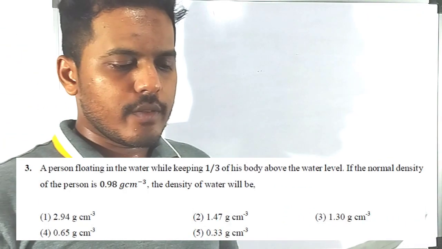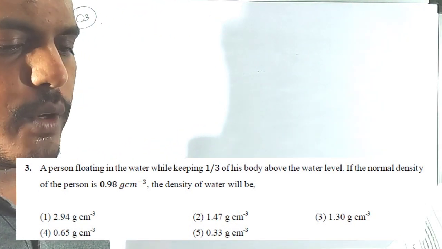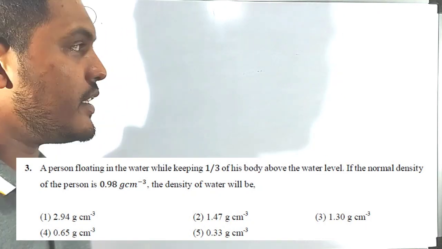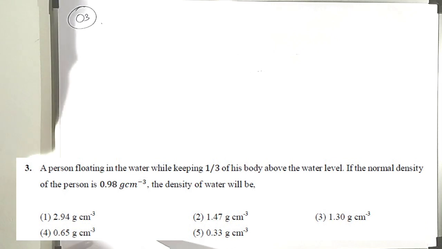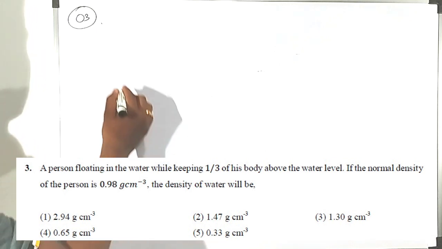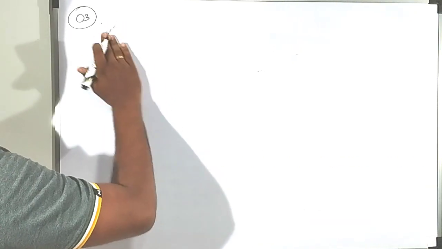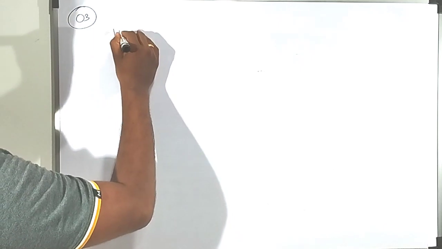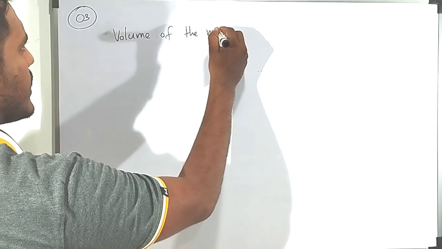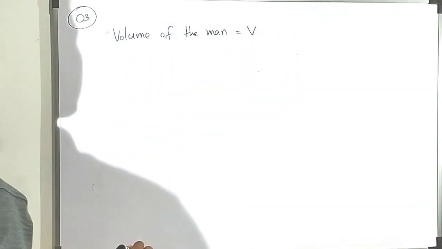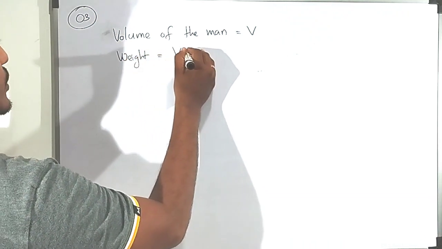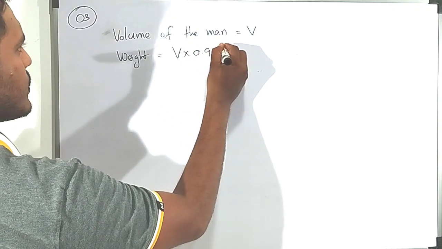Question 3. A person is floating in the water while keeping 1/3 of the body above the water level. The density of the person is given as 0.98, and we are asked for the density of water. If we take the volume of the man as V, then the weight equals V into density of man into g.